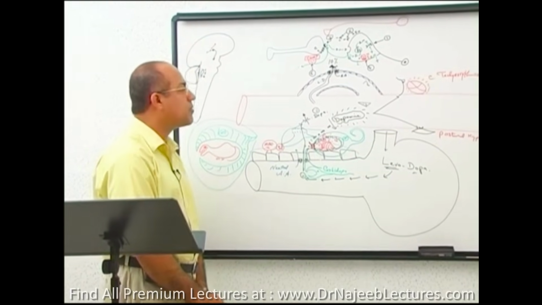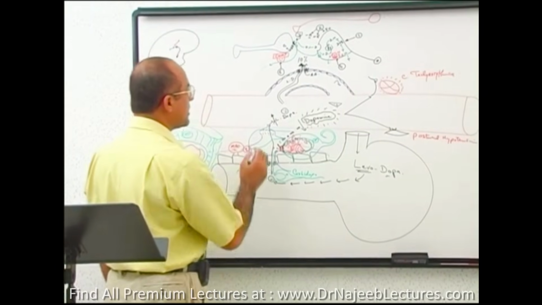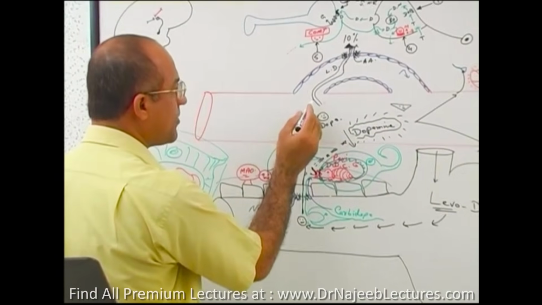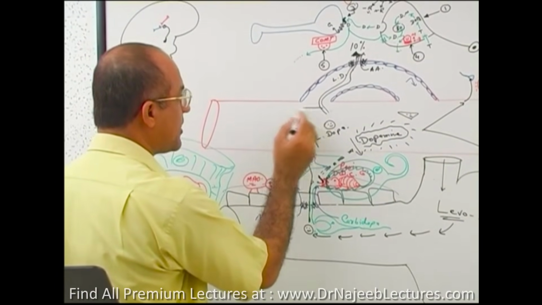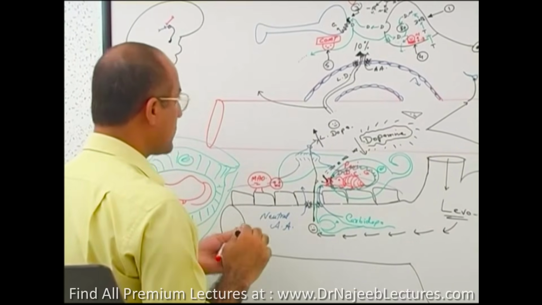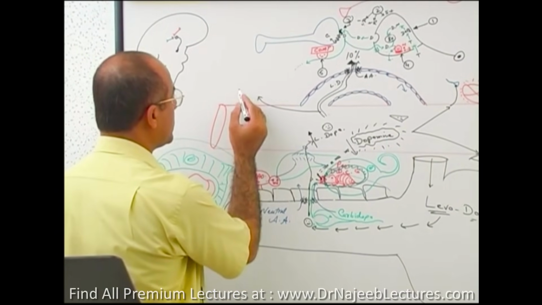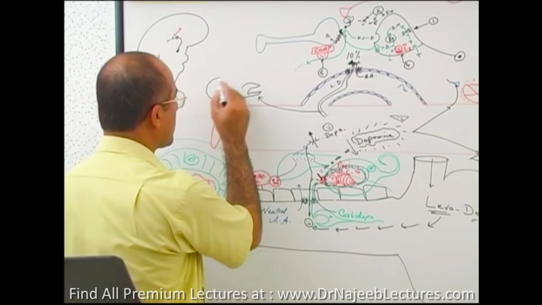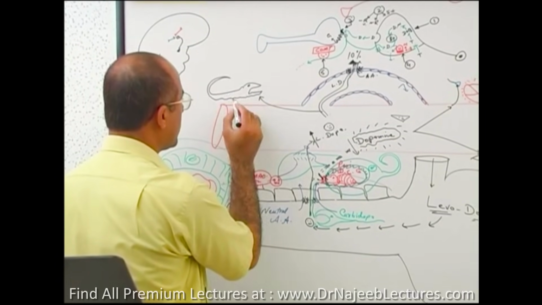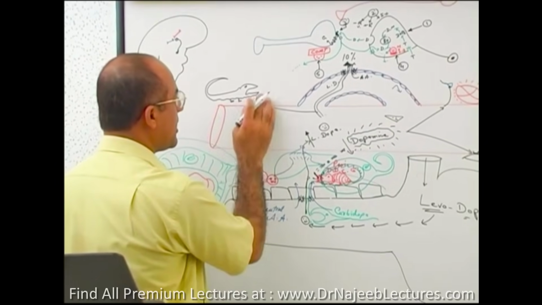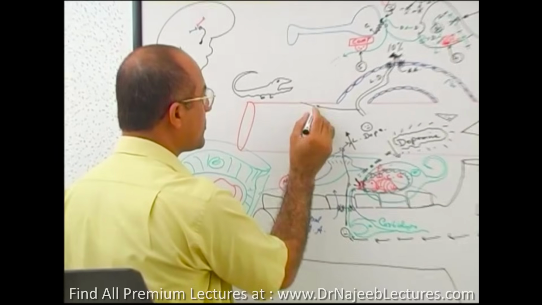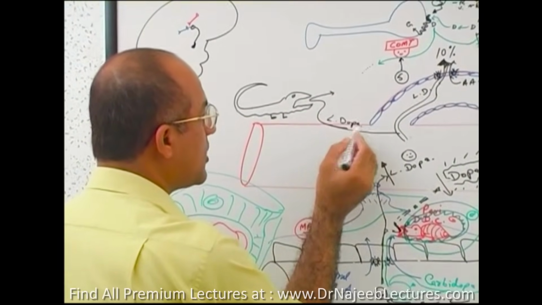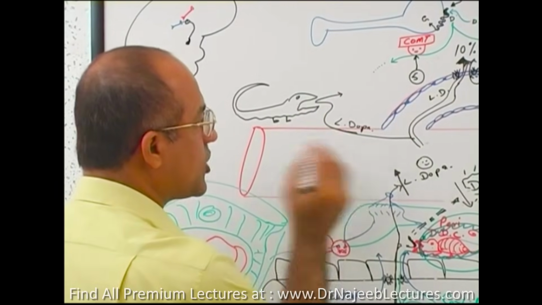Now, actually there is another enzyme present in the periphery which can destroy the levodopa. So can you tell me what is that enzyme? Yes. This is another enzyme and it will take the levodopa and do methylation of levodopa.